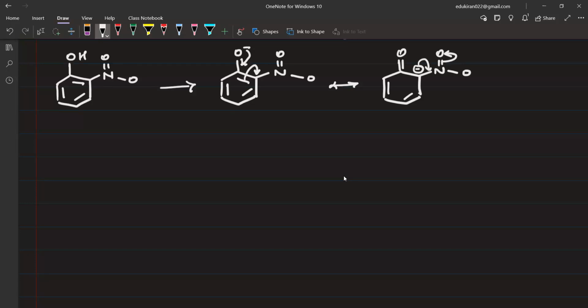Then you can also flip this: the negative charge can go here, and this double bond can move here. So there are two cases you can make, and all the resonating structures are fine. Another thing is that they are not going to ask this in the board examination. In-text question 11.7 will not come in boards.